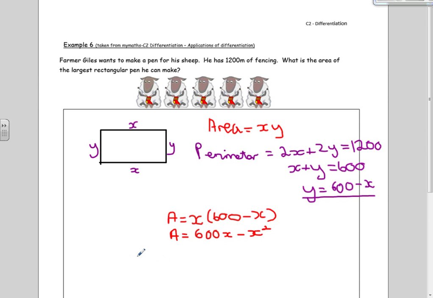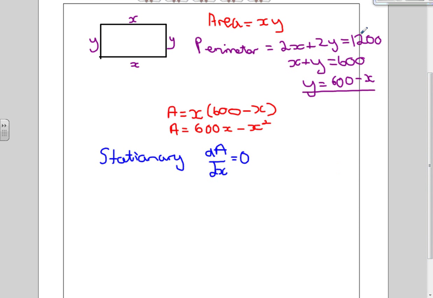So we're trying to find the stationary point which would give us the maximum area. So stationary points can be found, in this case, dA, because we're differentiating the area, with respect to x, so dA by dx equal to 0. So now we need to find dA by dx.